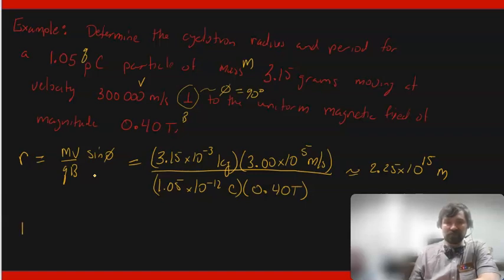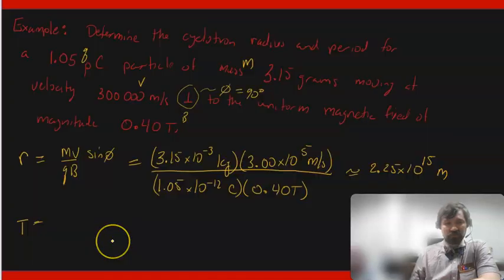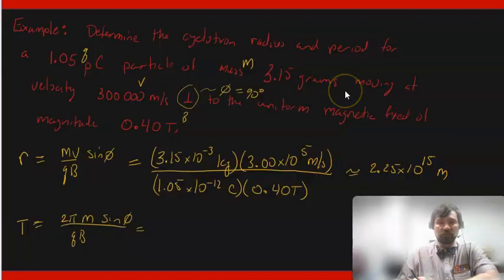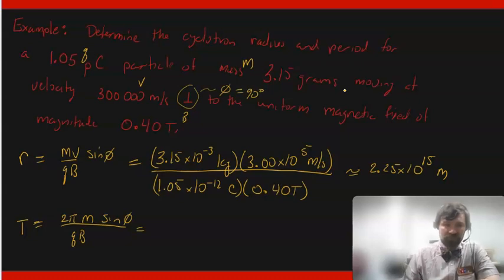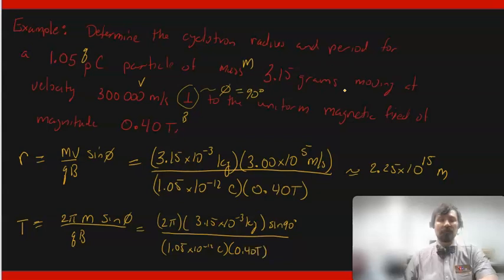What about the period? Well, that's using this equation. T is 2 pi m sine phi over qB. So that's 2 times pi times mass, which is 3.15 times 10 to the minus 3 kilograms, sine 90 degrees will just be 1, divided by Q, 1.05 times 10 to the minus 12 coulombs, times B of 0.40 tesla.